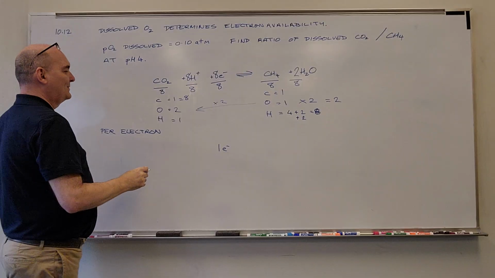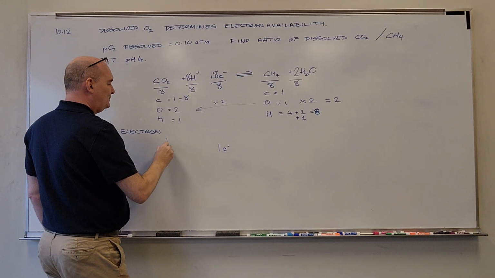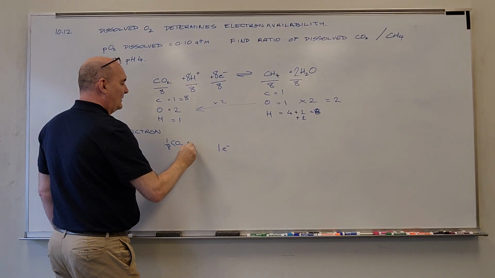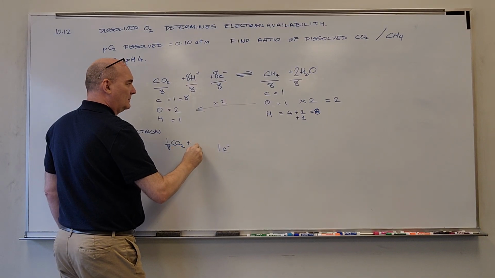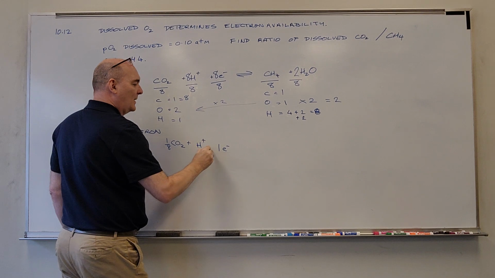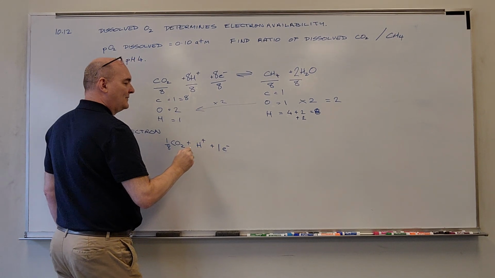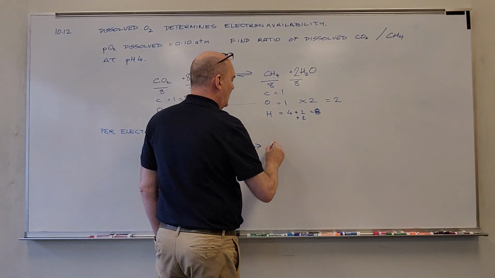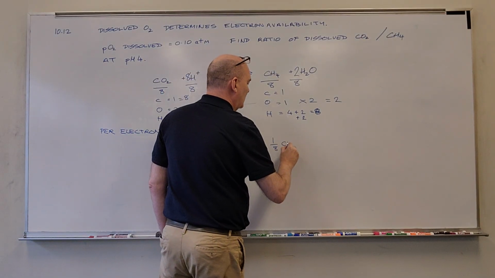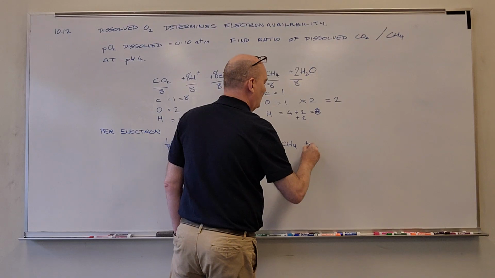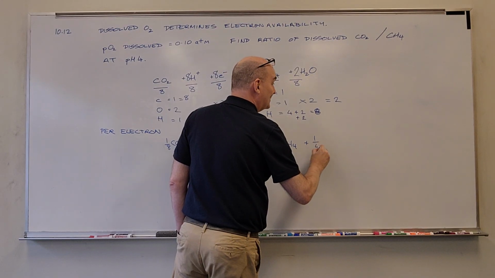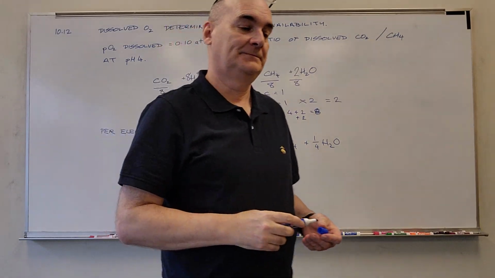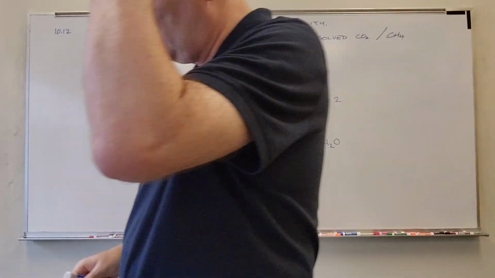So when we look in the textbook, it says 1/8 of a carbon dioxide and an H plus and an electron combine to make 1/8 of a methane and 2/8 of a water. That is the way it's written.